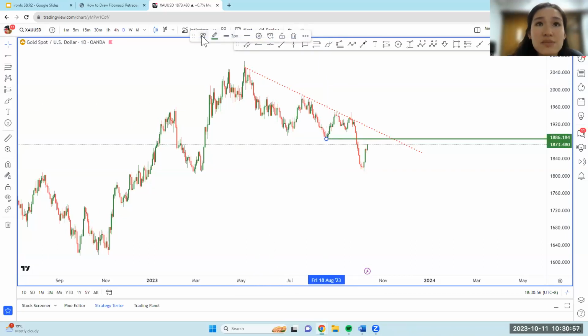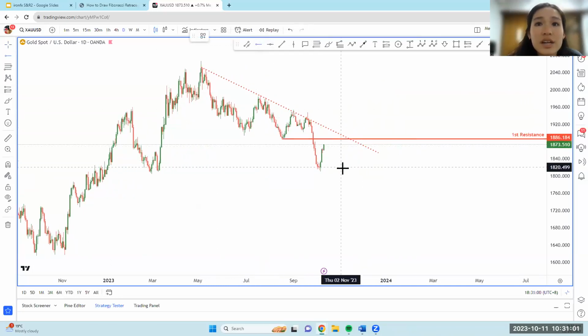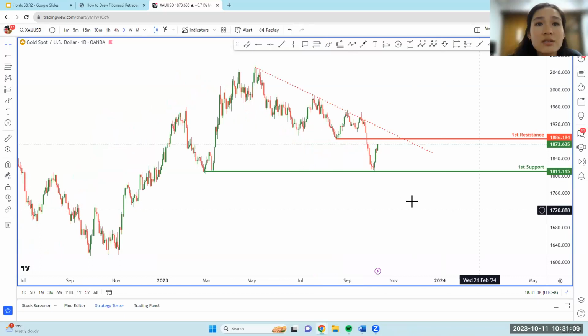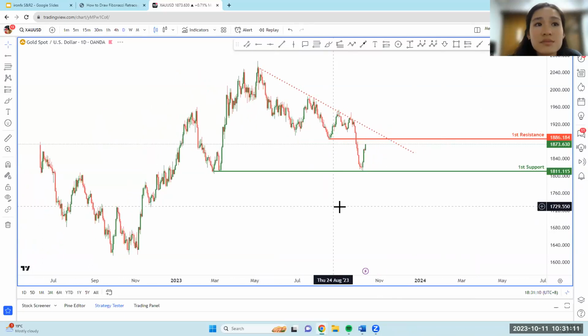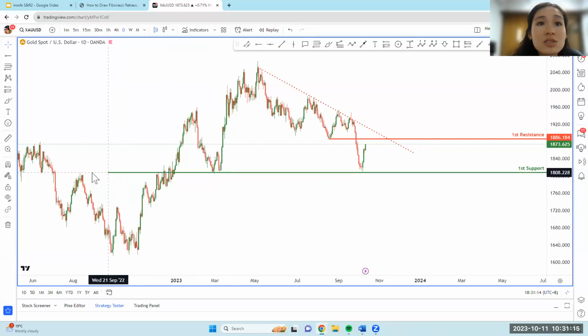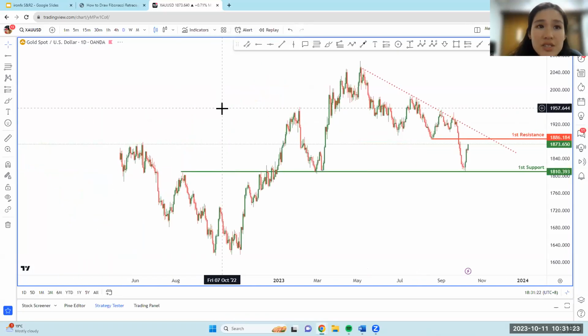Maybe I'll just place my first resistance there and my second resistance here, or rather my first support here. Okay, so a good habit is to try and see how far back you can put your support and resistance levels.